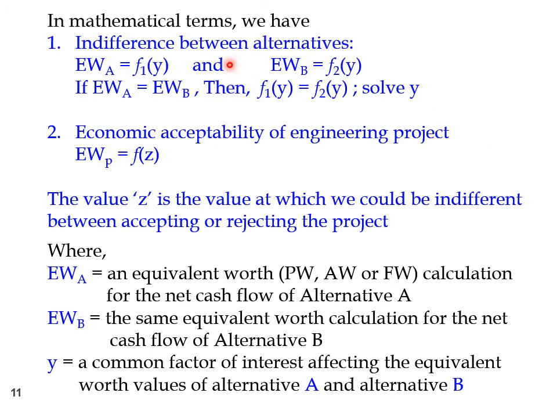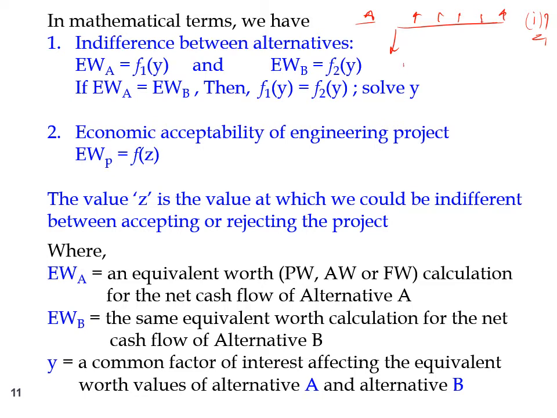So if we show the procedure in mathematical terms, let's assume that there is a factor which is y. Let this y be the interest rate. Then we are going to write for alternative A its equivalent worth using this interest rate. So what do I mean? Let's assume that we have this project A. It has a cash flow of something like this. But the thing is, I don't know what the interest rate is. There's an uncertainty here, and I want to find the break-even point of this interest.